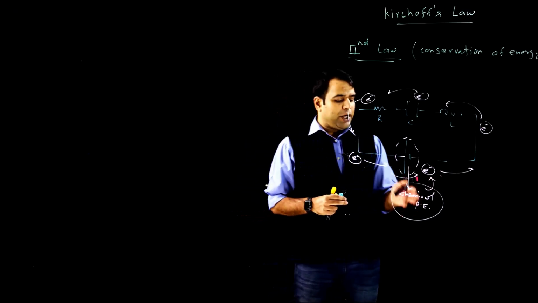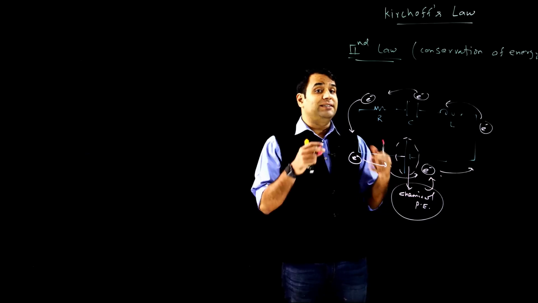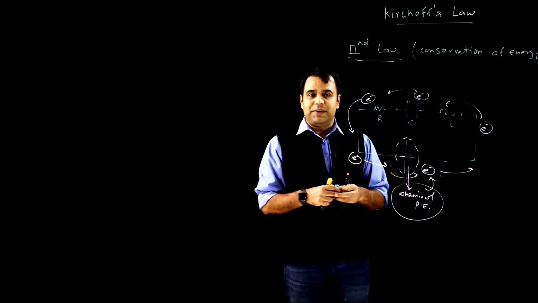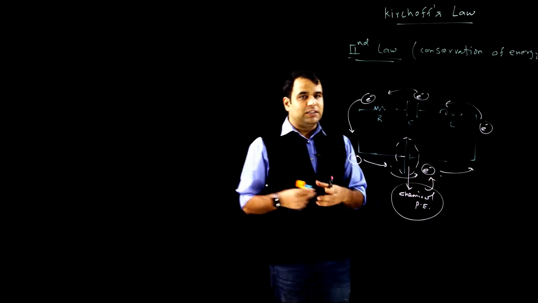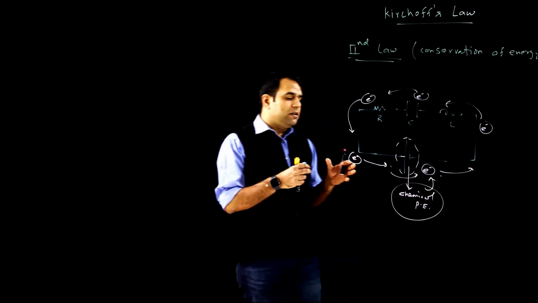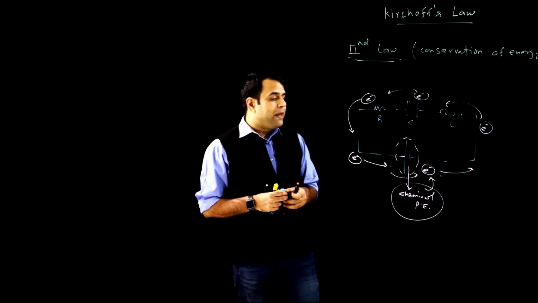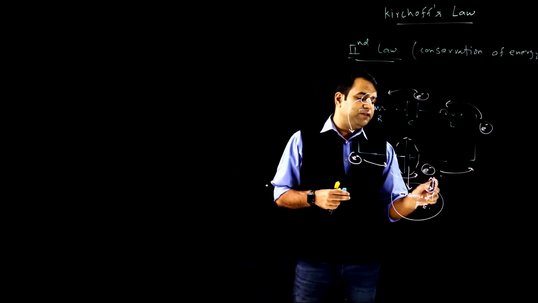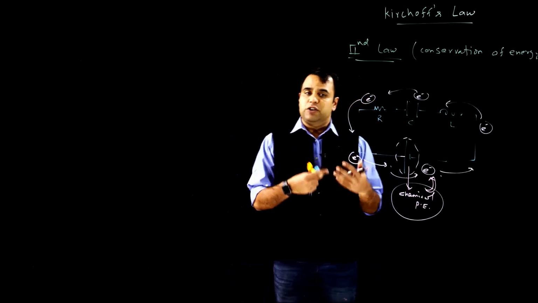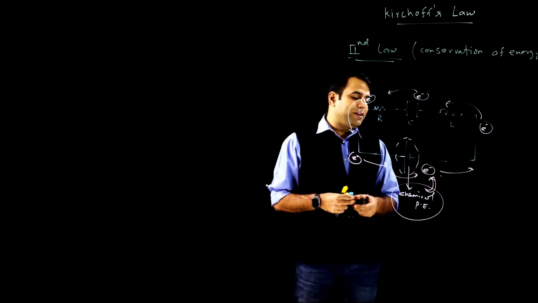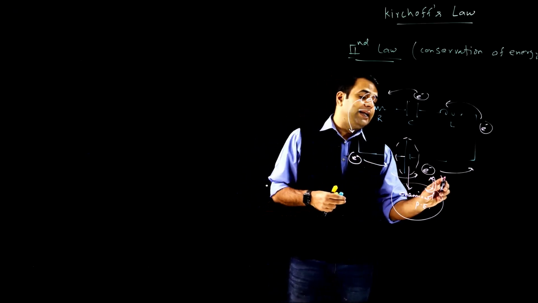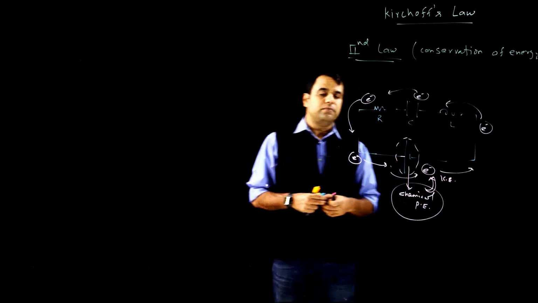This DC battery has some chemicals, and inside those chemicals there is chemical potential energy. That energy gets transferred to the electron in terms of mechanical energy, or to be more precise, in terms of kinetic energy of the electron.